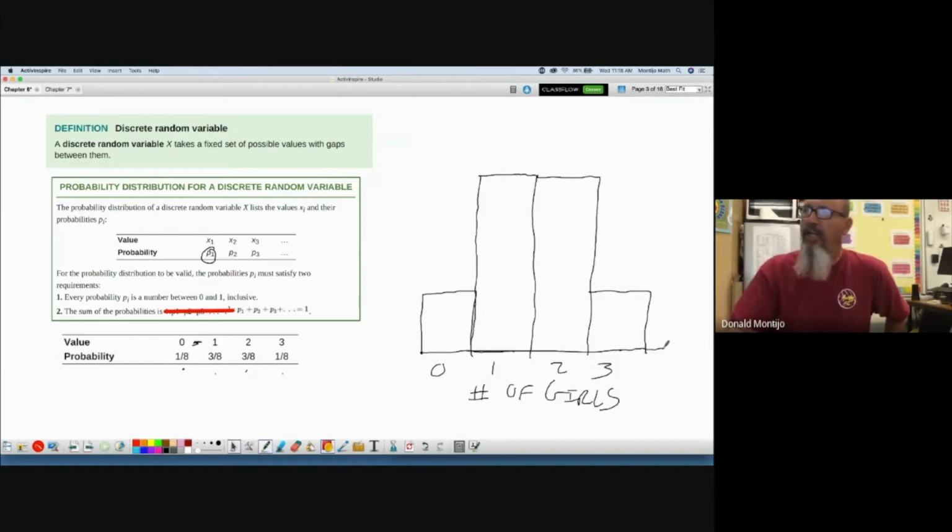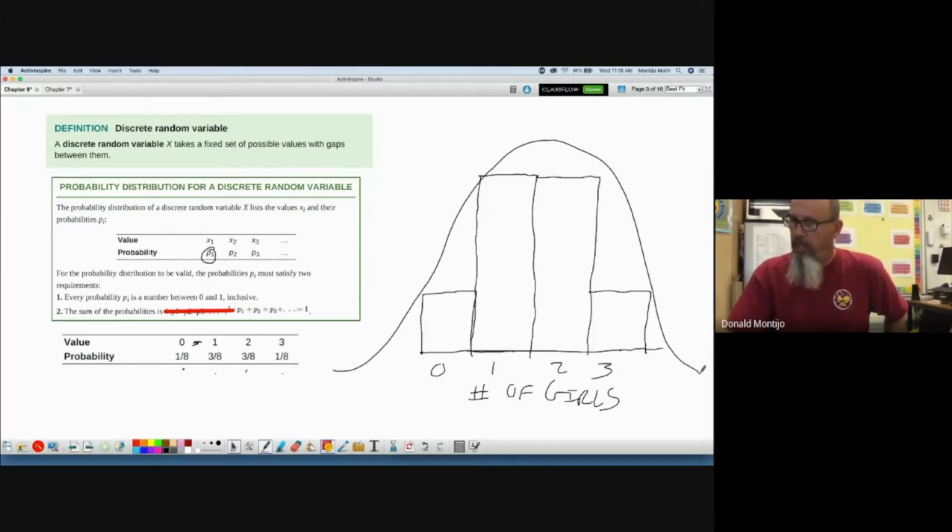So I can look at this distribution and say, oh yeah, it is symmetrical. It has a center of about 1.5. I could talk about its spread and all of that other good stuff. So just like before, when we meet a distribution, we need to talk about 3 things: shape, center, spread.